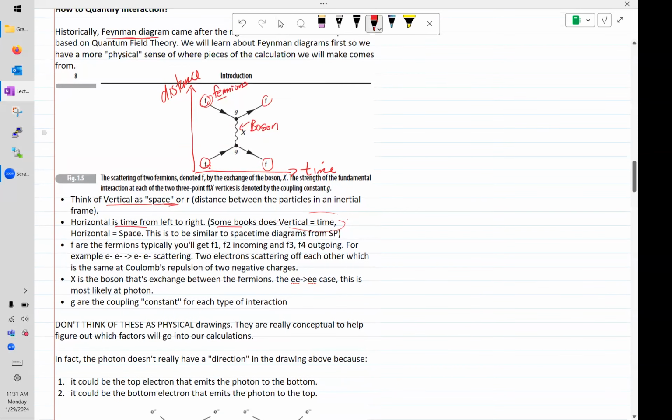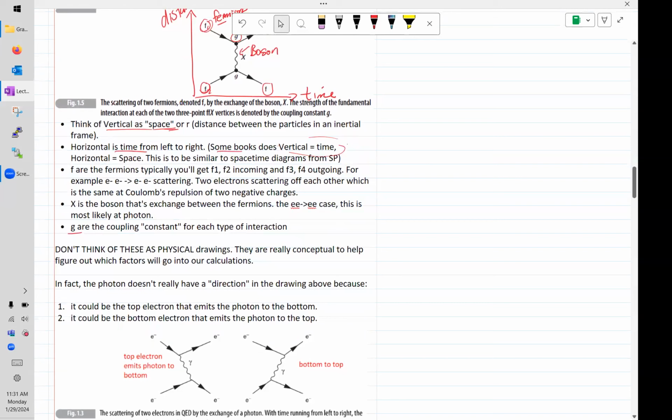This little g here stands for the coupling constant. For each type of interaction, meaning electricity, magnetism, the strong, the weak, there will be different coupling constants. That basically scales how often and how probable these interactions are.